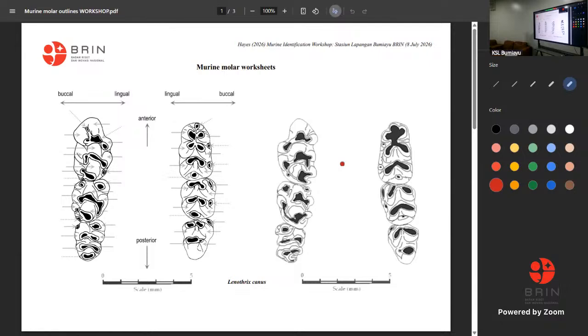So you are going to get the same widths and the same lengths across different genera and different species. But the molar characters are going to be different. Otherwise, you wouldn't have a different species based on the molar.